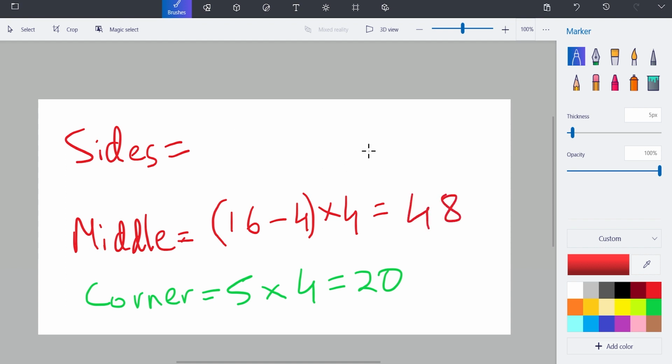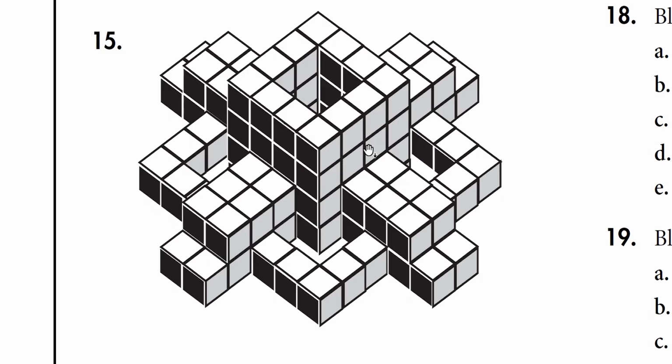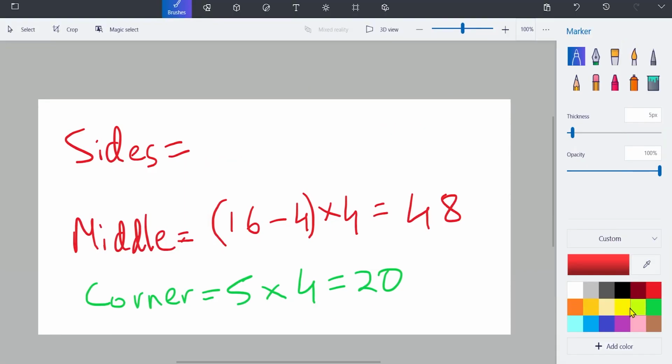And the sides are what has to be calculated now. So sides are 1. You can just count over here as well. So 1, 2, 3, 4, 5, 6, 7. And then 7 twos are 14. So 14 into 4.